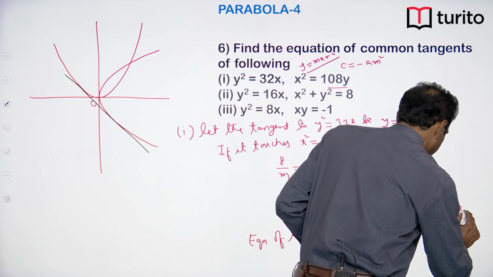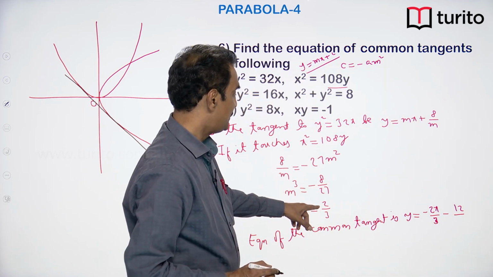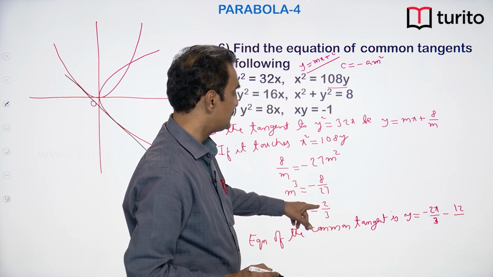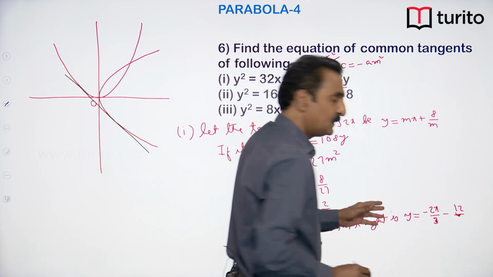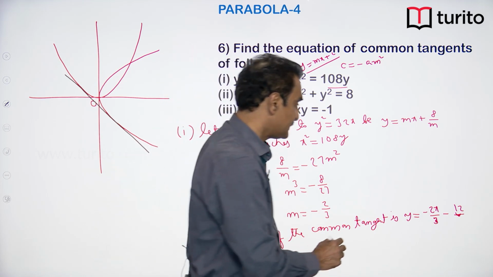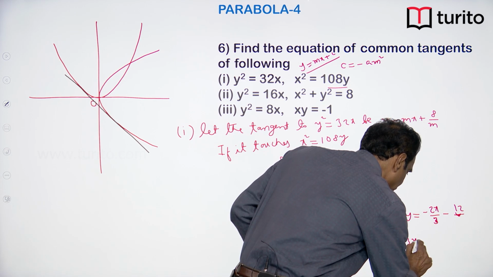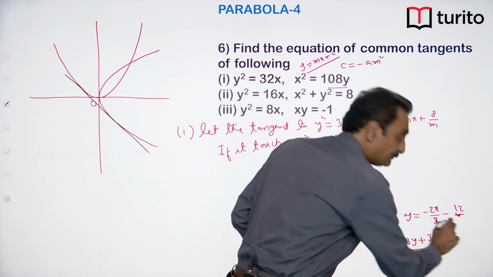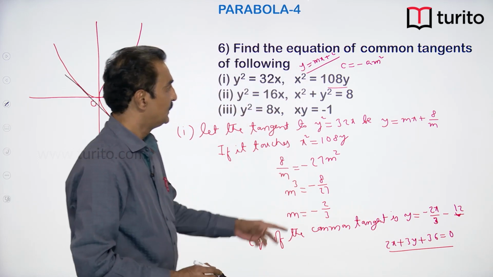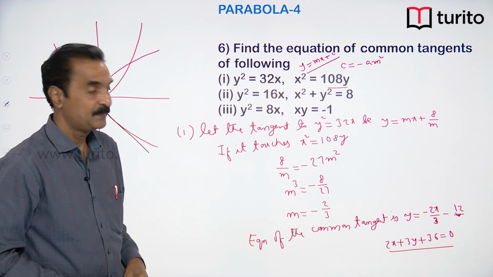Minus 12. Simplifying this equation, we get 2x plus 3y plus 36 is equal to 0. So, that is the common tangent of these two parabolas, first question.